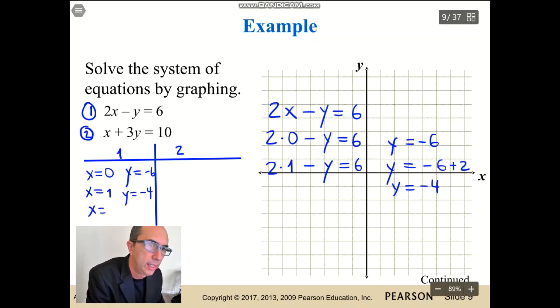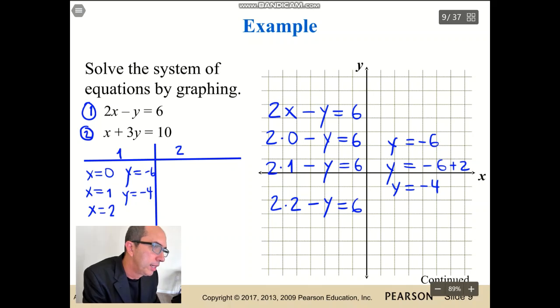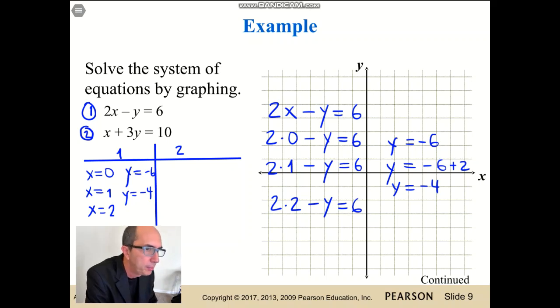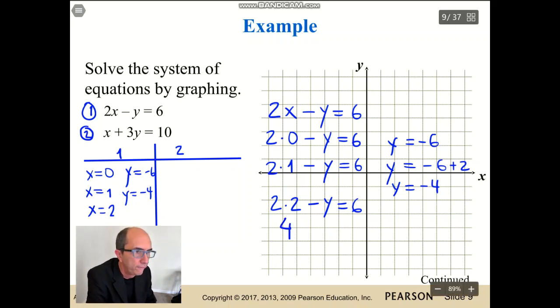And let's say now x equals 2. 2 times 2 minus y equals 6. And remember, what I'm doing here is addition property of equality. Let me do this a bit step by step. This is going to be 4 minus y equals 6.